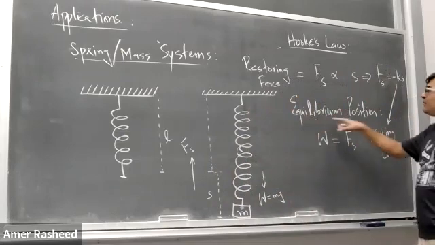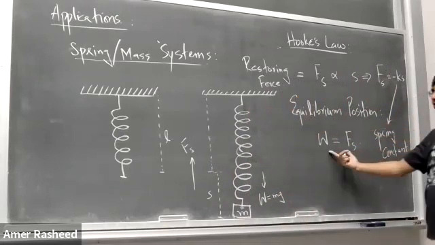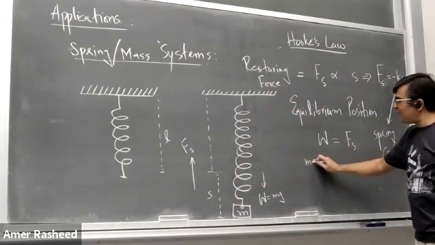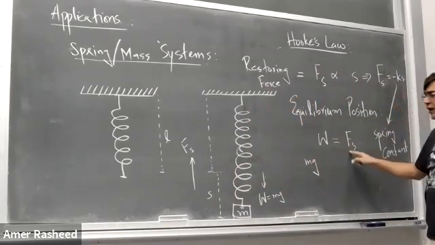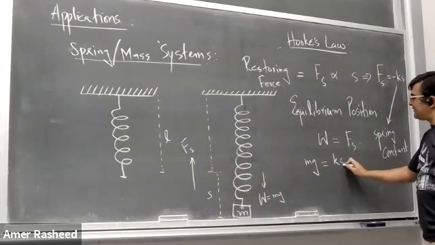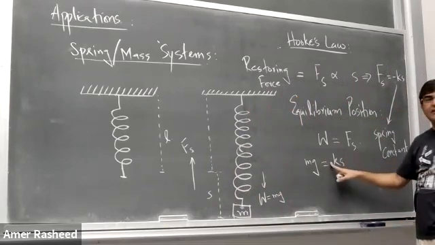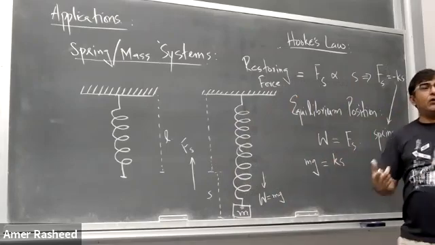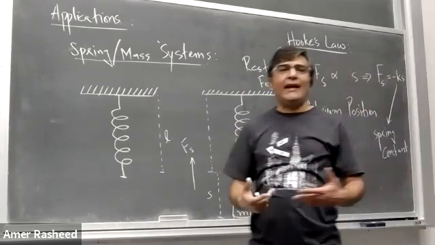Now at the equilibrium position, these two forces are the same. Now W is what? It is mg, and Fs is what? It is K times S. Here we do not write a negative sign. Why? Because these two forces are equal. We are not considering their direction.